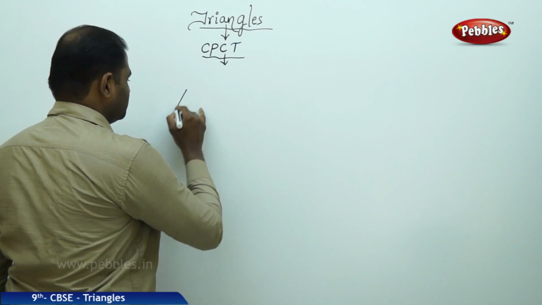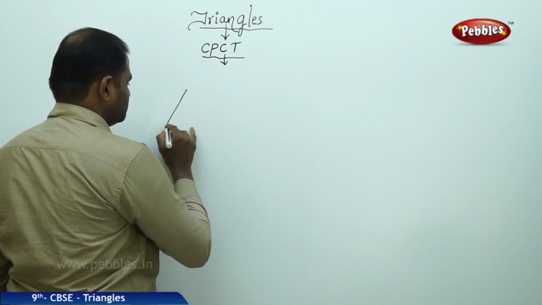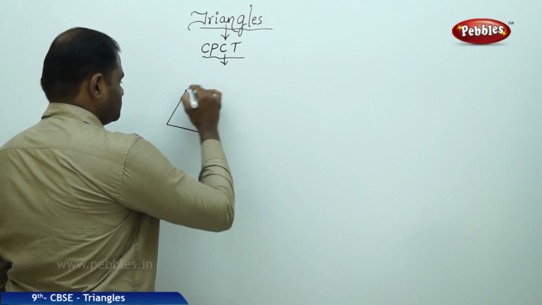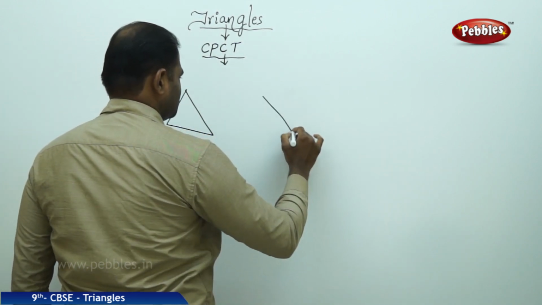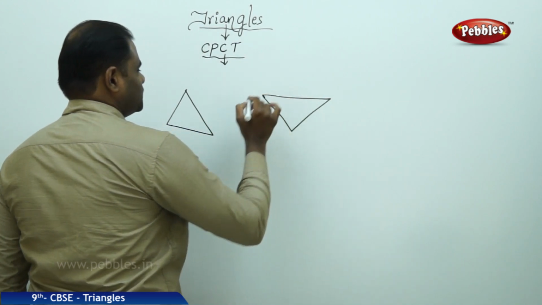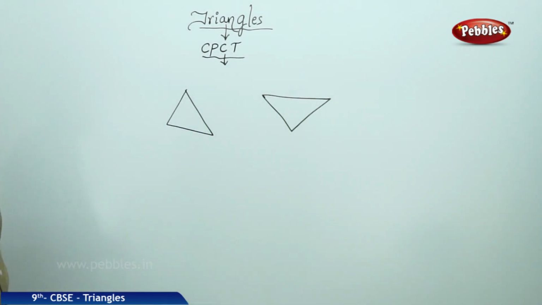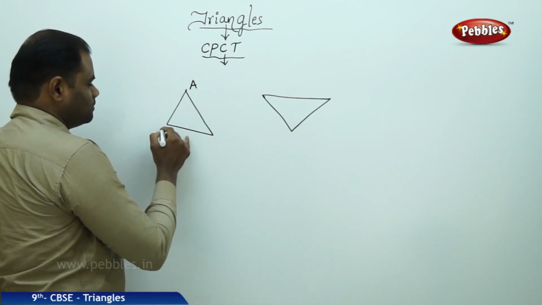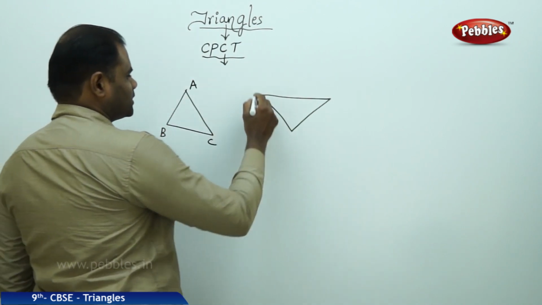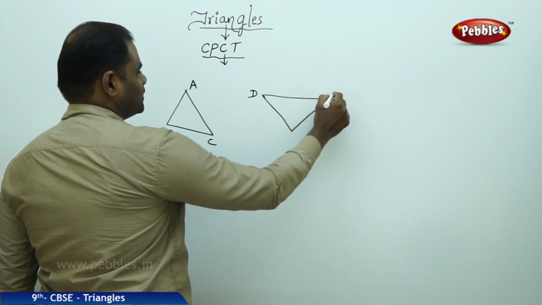Say for example, I have two triangles here. The first triangle I denote by ABC, and my second triangle I denote by DEF.